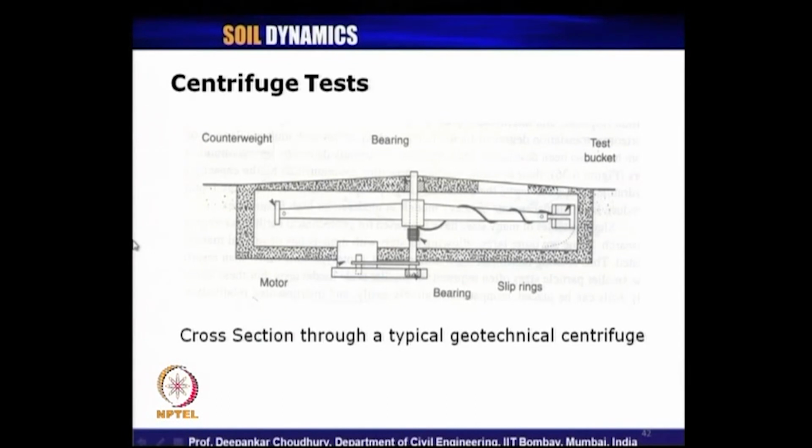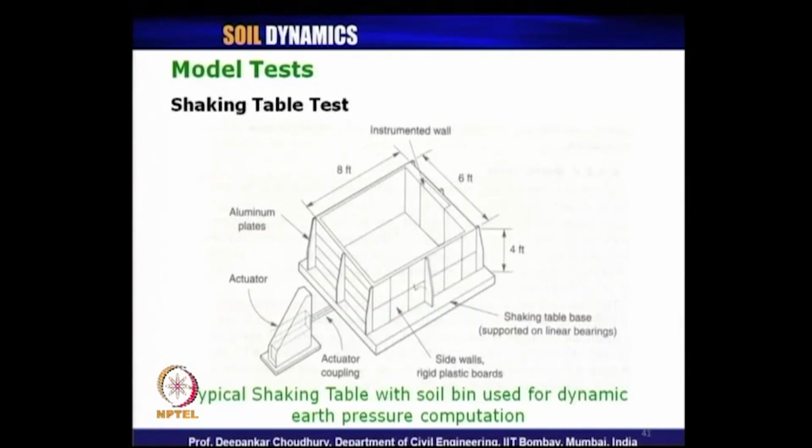So, those of you who are aware of the centrifuge testing facility know the drawbacks of 1 gravity, or 1G, model tests for our geotechnical engineering problems. Why?